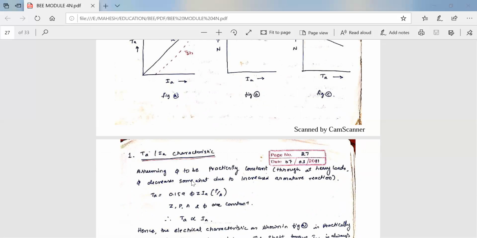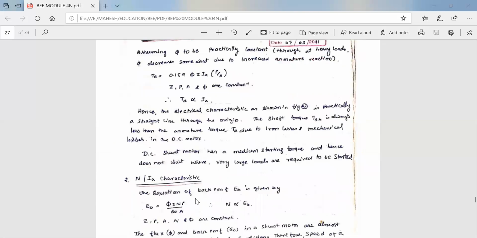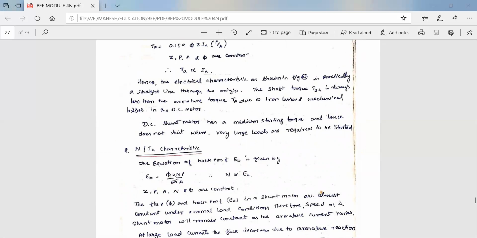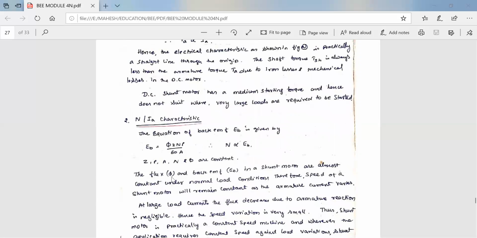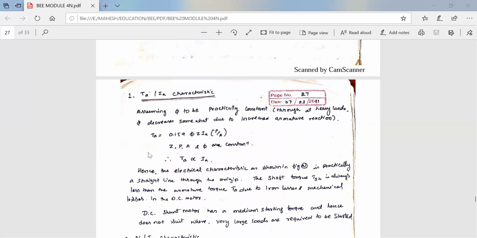The back EMF is given by Eb equals Z phi N into P divided by 60 into A, whereas the torque equation is given by 0.159 into Z phi into Ia into P by A. Here Z, P, A are constants, and here also the same. First we'll go with the variation of armature torque with respect to armature current.